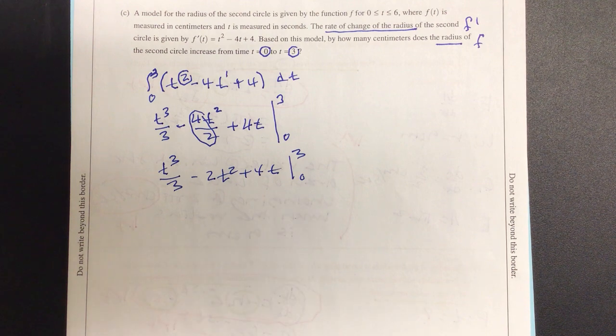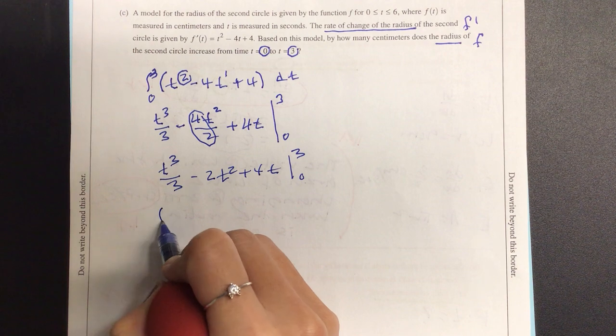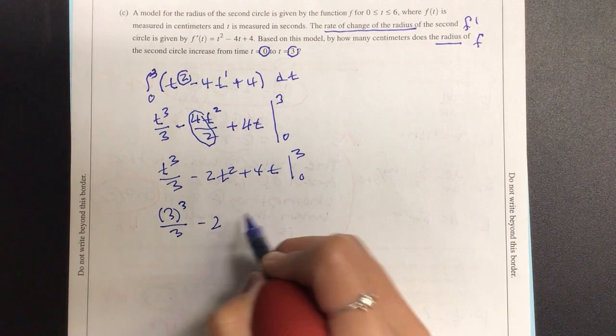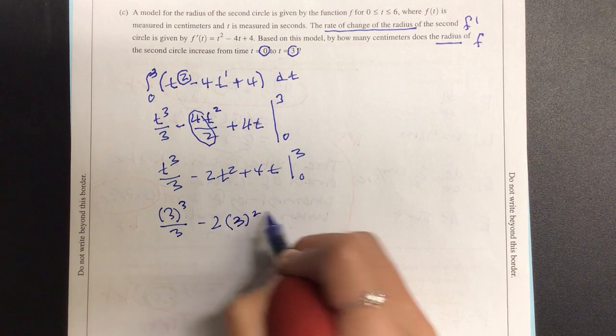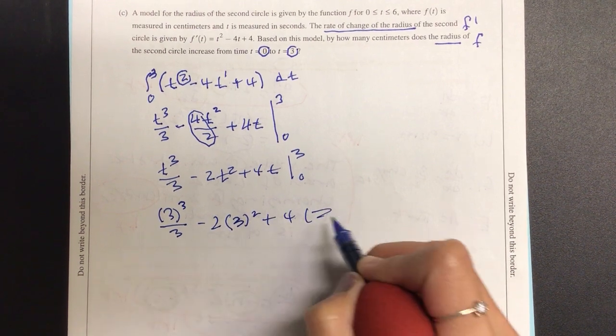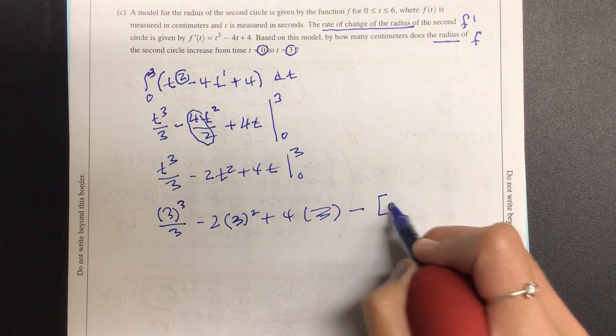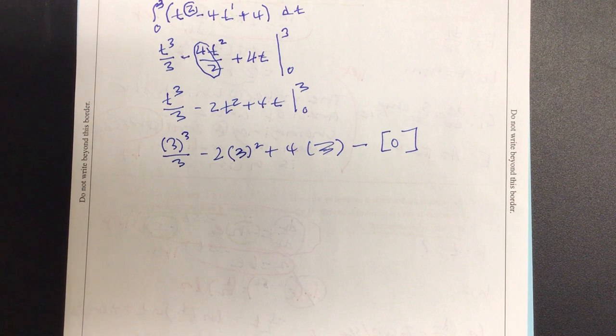But if they all have variables, it's going to be 0, 0, 0, right? So let's plug in 3. So I have 3 cubed over 3 minus 2 times 3 squared plus 4 times 3. Ooh, that's a passionate 3. And I'm just going to write 0 just in case they feel like I'm being mean, the AP graders.